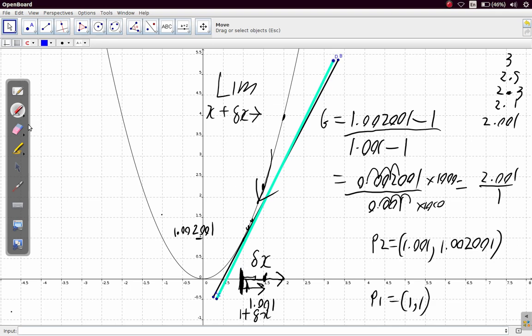Now we already have x fixed, so we don't need to write x again. The del x that you add to x was 1, then half, then 0.1, and it approaches 0. The limit of the gradient of x squared seems to be 2.